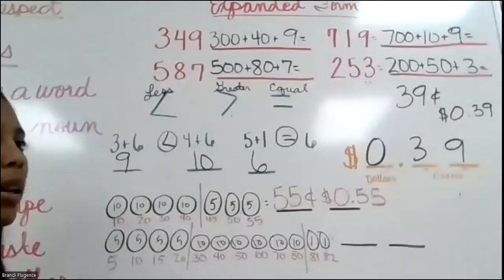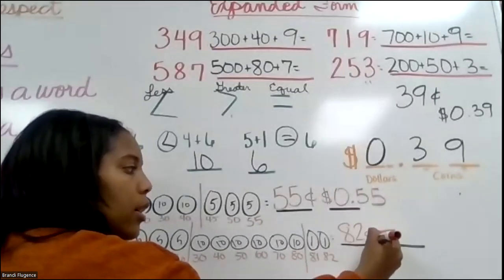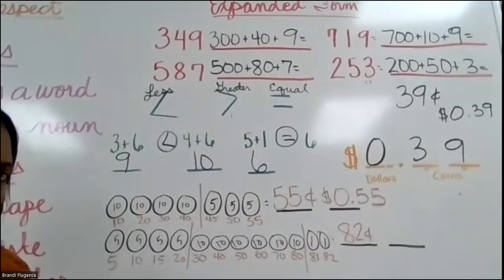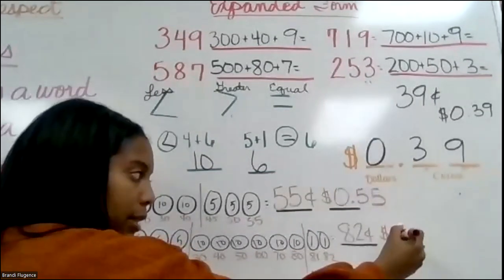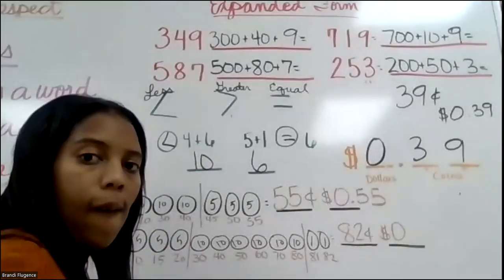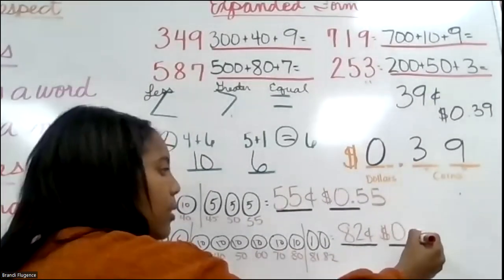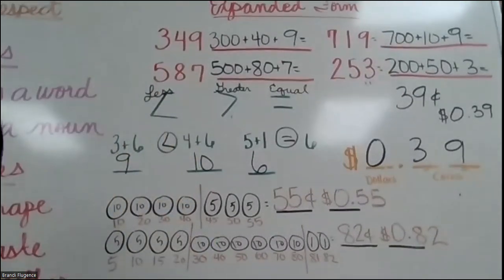Okay, so we write 82 cents the regular way, 82 cents. And what's the other way I can show 82 cents? Put the dollar sign first, dollar sign, 0, 82. 82 cents. Good. That's another way we can write it.